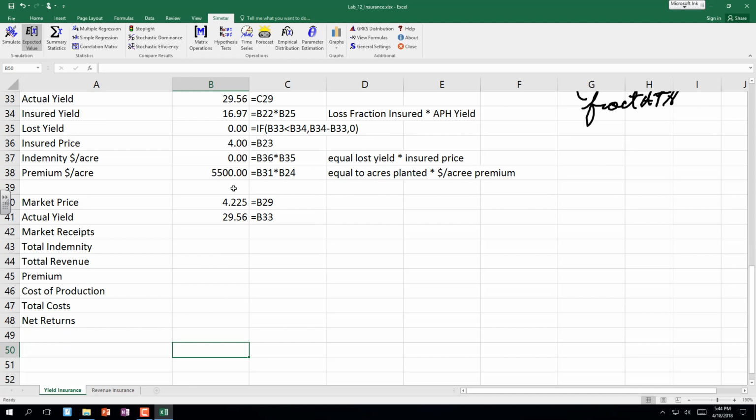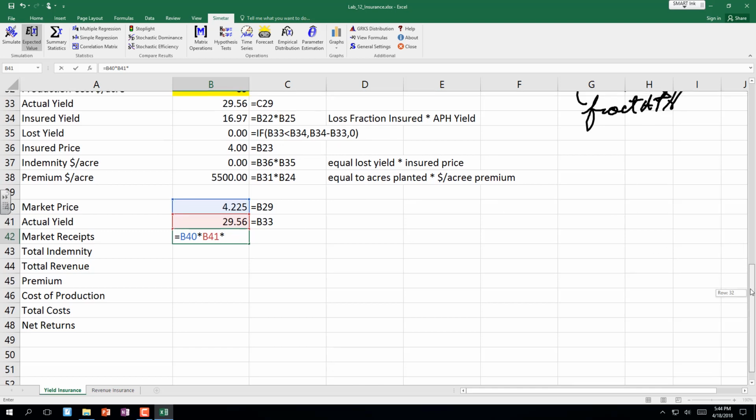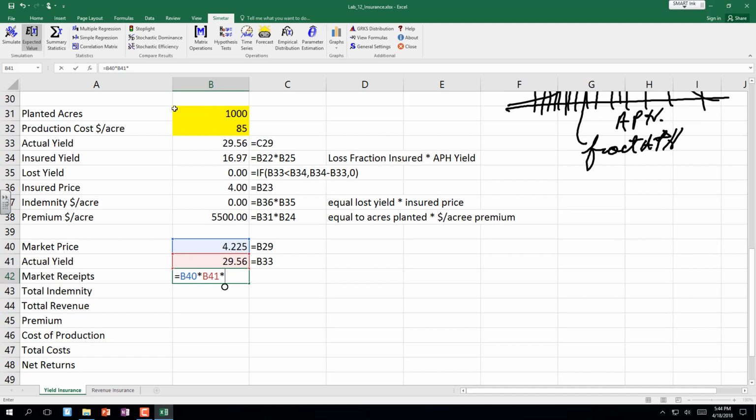So our market receipts are going to equal the price times the yield times the acres. We have 1,000 acres. So price times yield times acres. This is the thing that's constant across all languages.